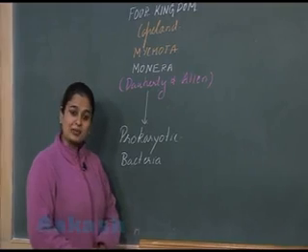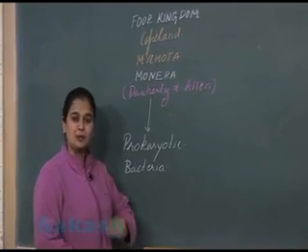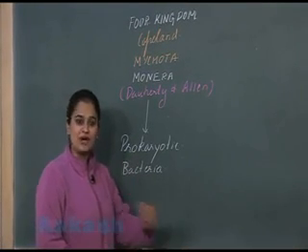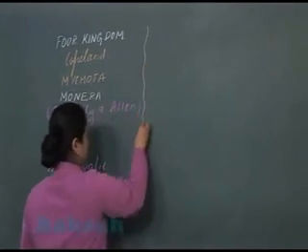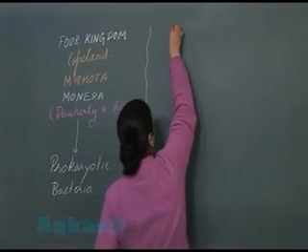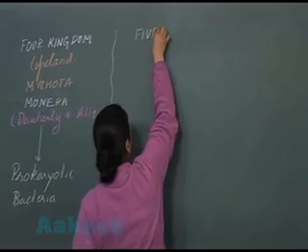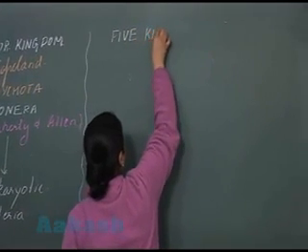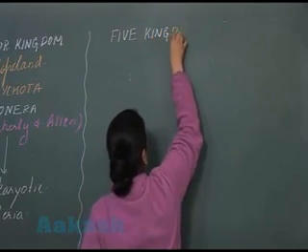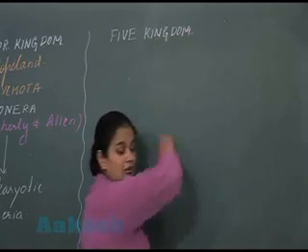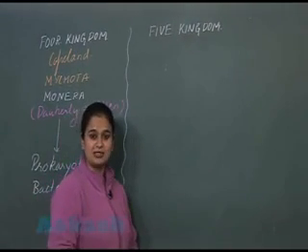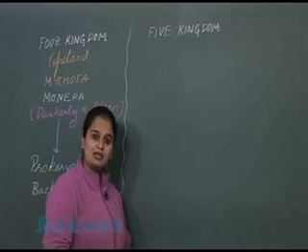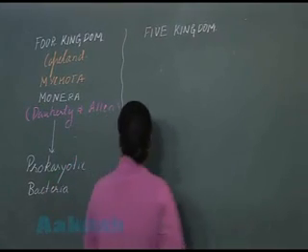After the four kingdom classification system, now we are going to deal with the five kingdom one. Five kingdom classification system was given by the scientist R.H. Whittaker.